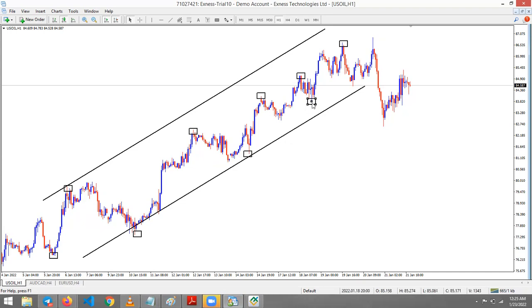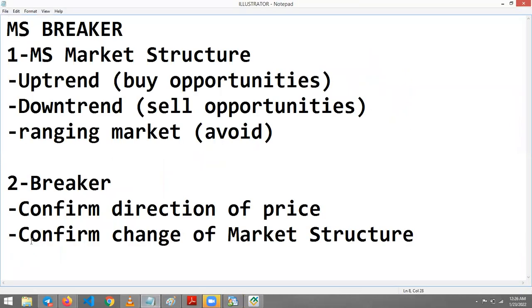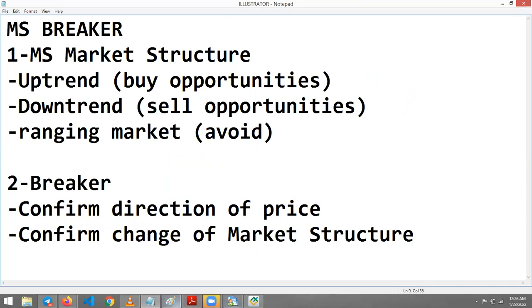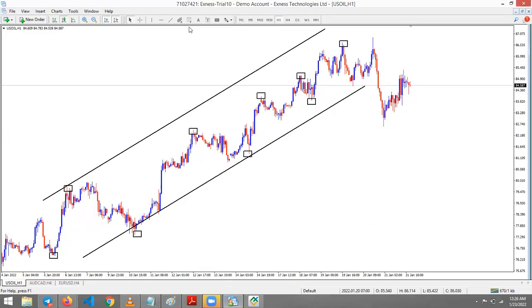Now, what do you notice? I think you can now see. Notice what happened. So now this is a practical example of how the breaker can help you confirm the change of market structure. Here we had an uptrend. Now, price broke a level there, right? So this is what we call the breaker.